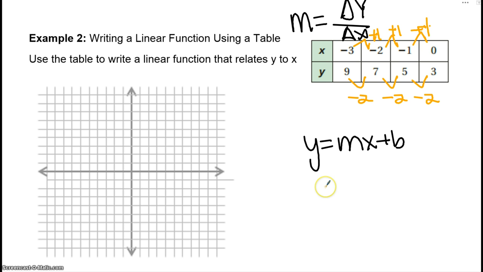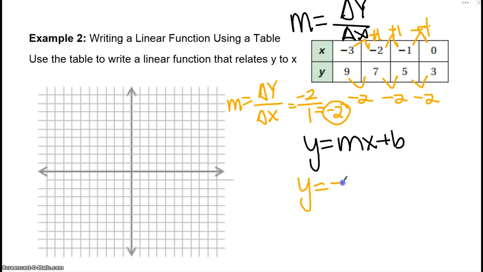So my change in y is -2 and my change in x is 1, which makes my slope -2. So this would be y = -2x.